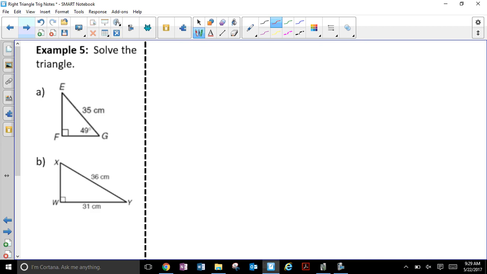All right, example 5. When they tell you to solve the triangle in the directions, that means find all missing angles and sides.